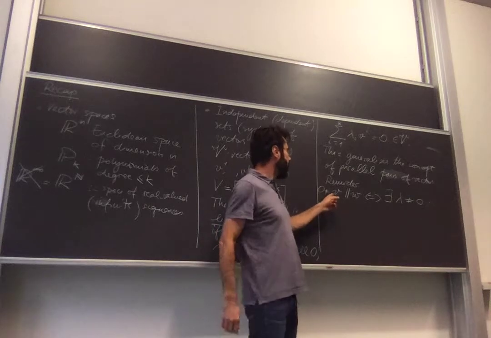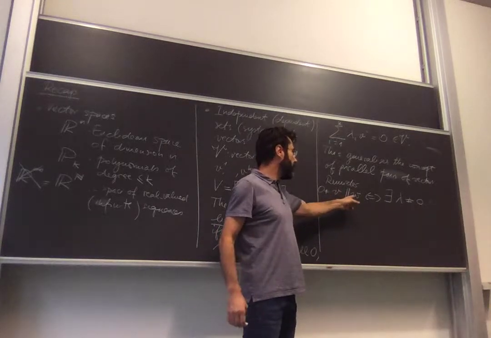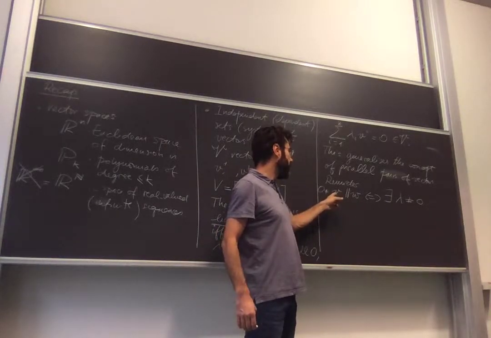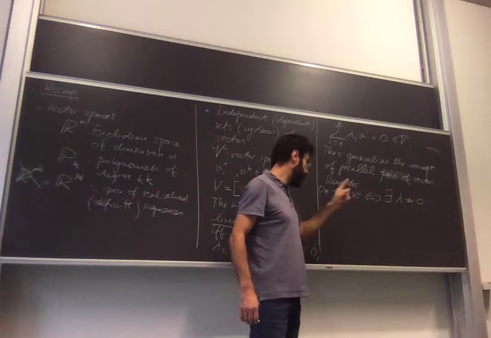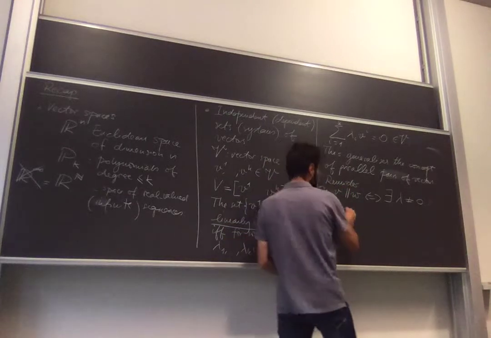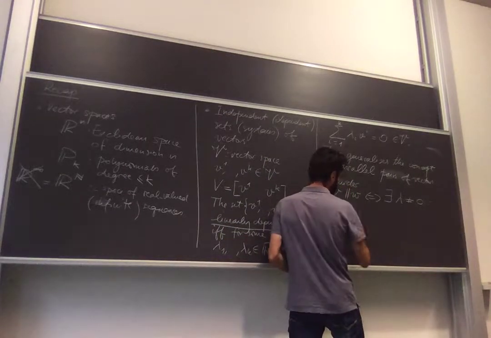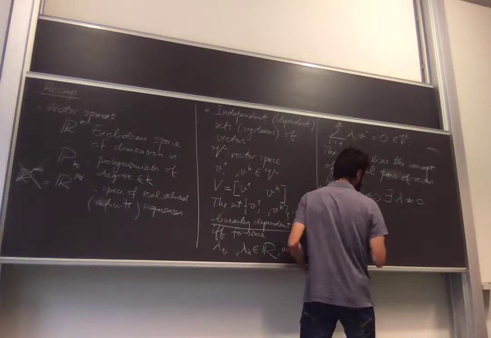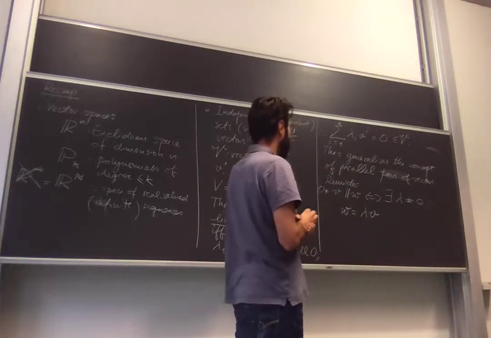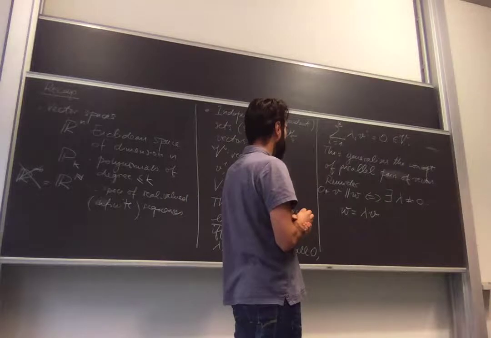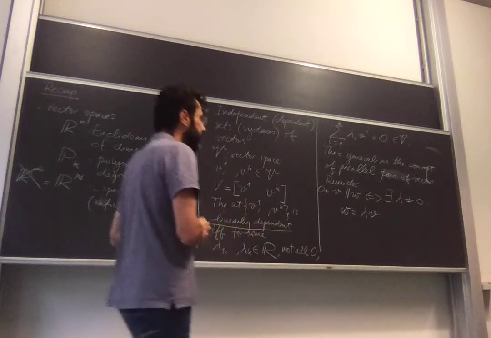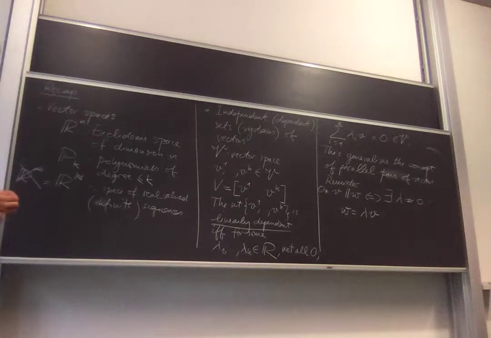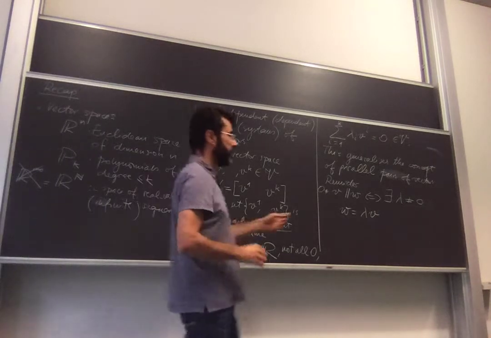Then you can always express the possibly 0 one as a multiple of the other one. So that's basically the definition.